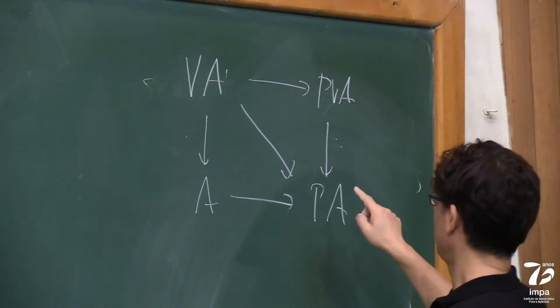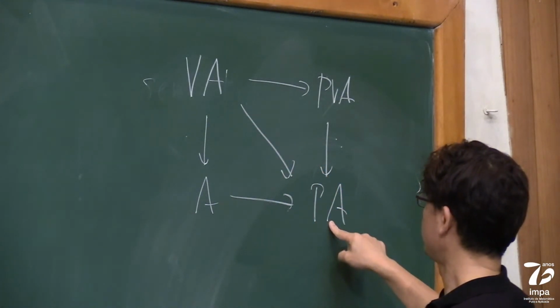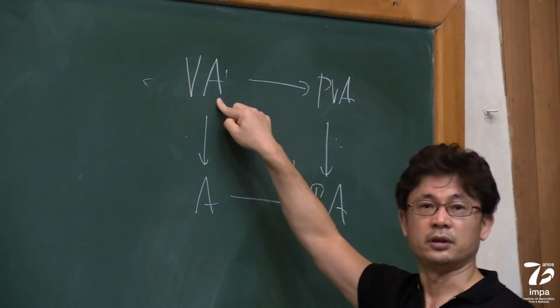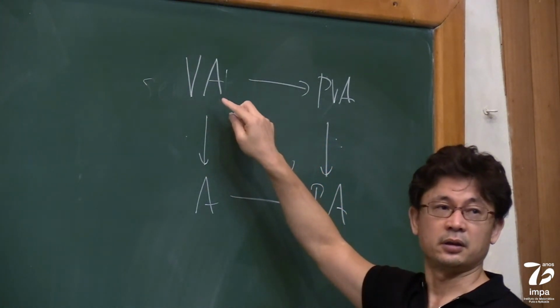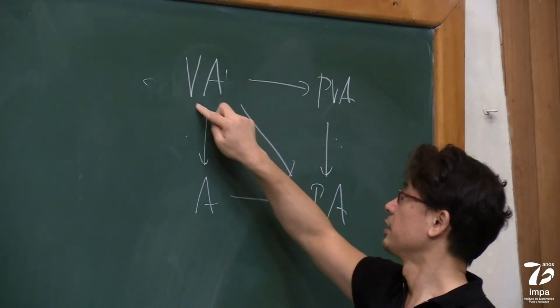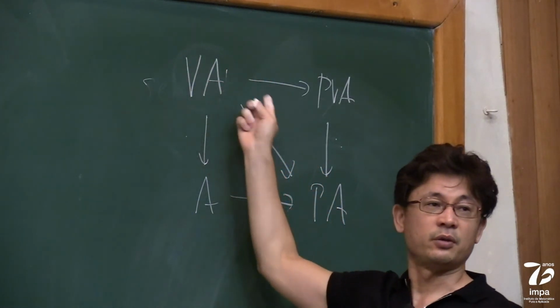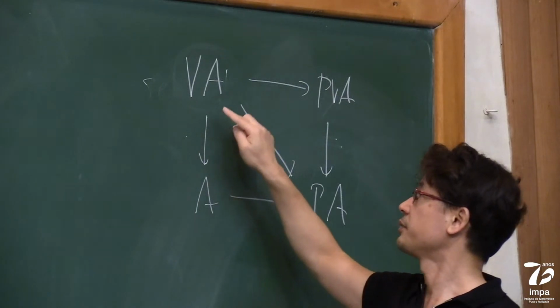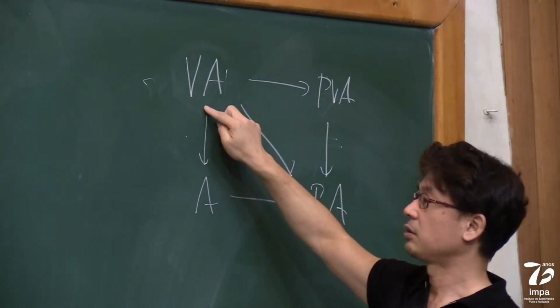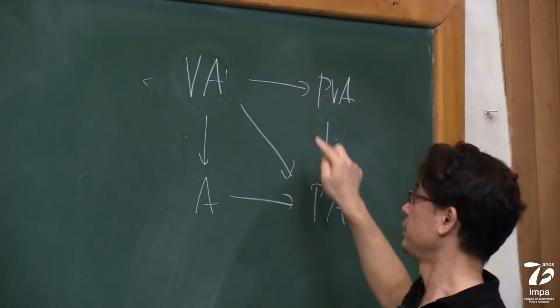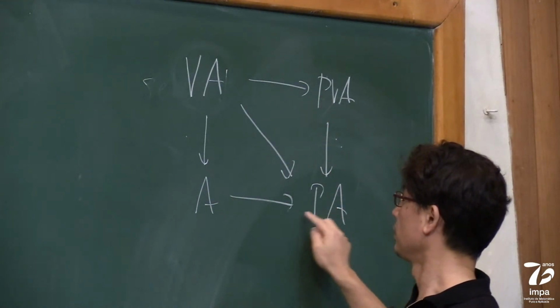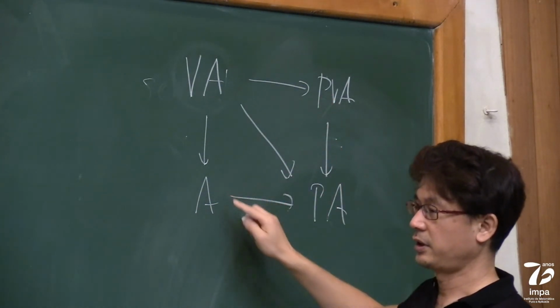I explained the Poisson algebra setting, and then I explained the vertex algebra setting. If you have something here, you can obtain the corresponding objects everywhere.